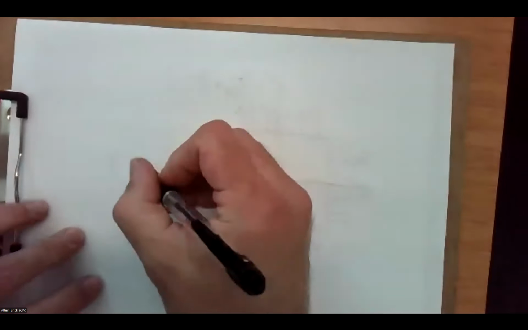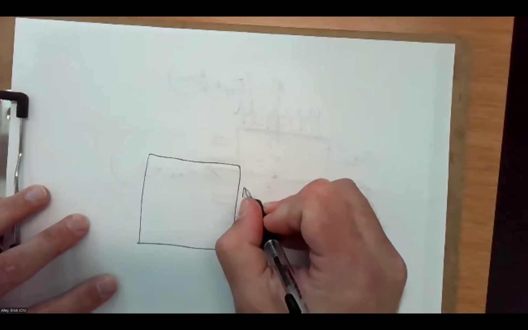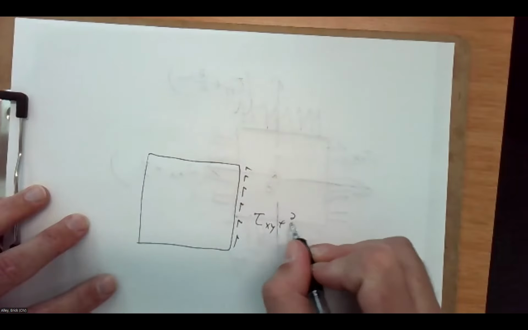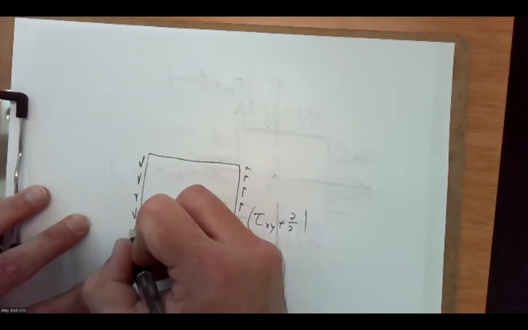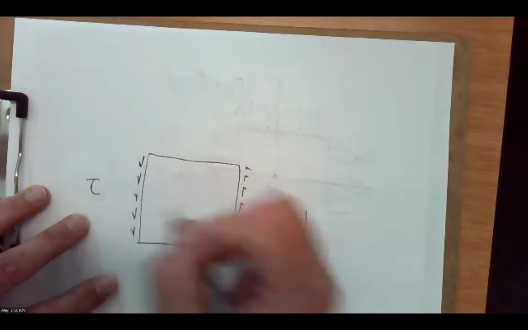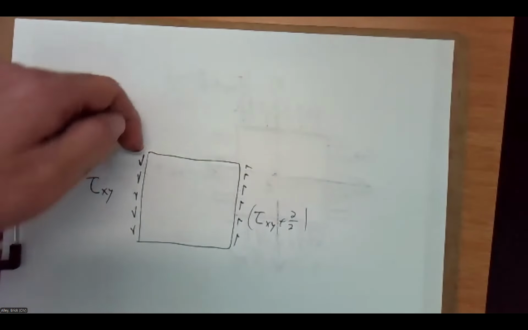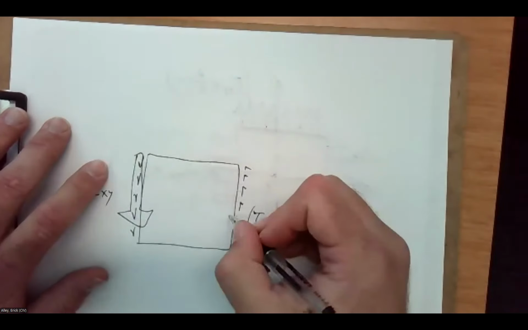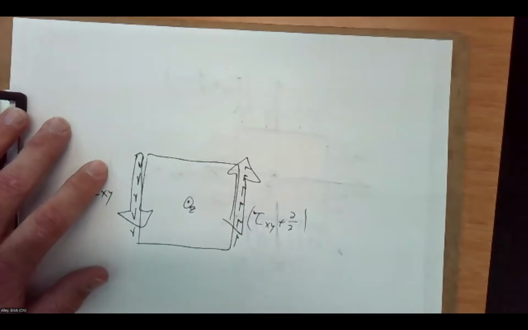However, our shears, like the tau on the front, tau xy plus the differential stuff, and on the back side, we've also got tau xy back here going down. We could see that all of that resultant is going to be right here and right here. That's going to be some distance away from the z-axis.